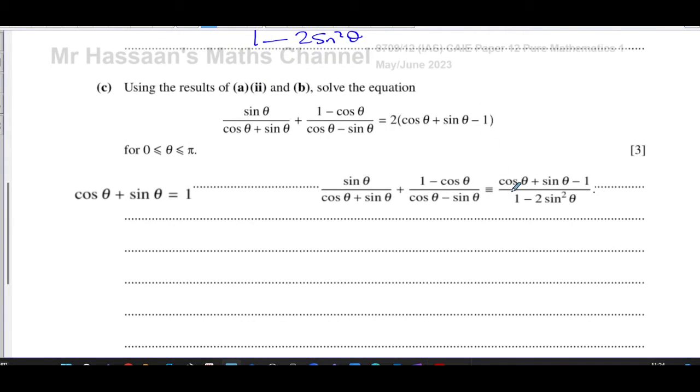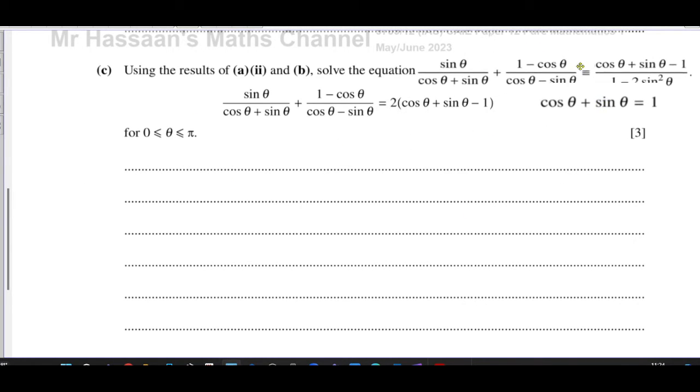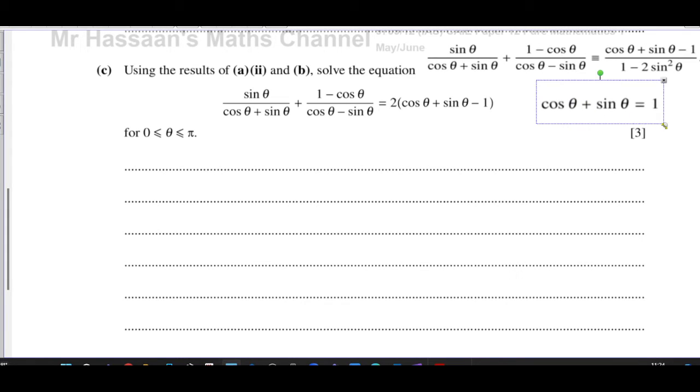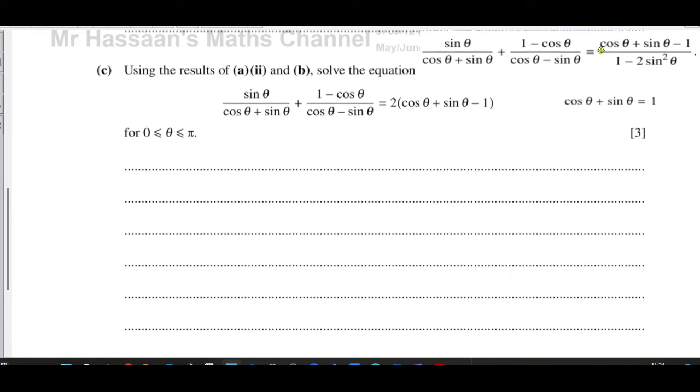And then part C, it says, using the results of A part 2 and B, solve this equation. That's A part 2, and that's B. That's what we got from those two.